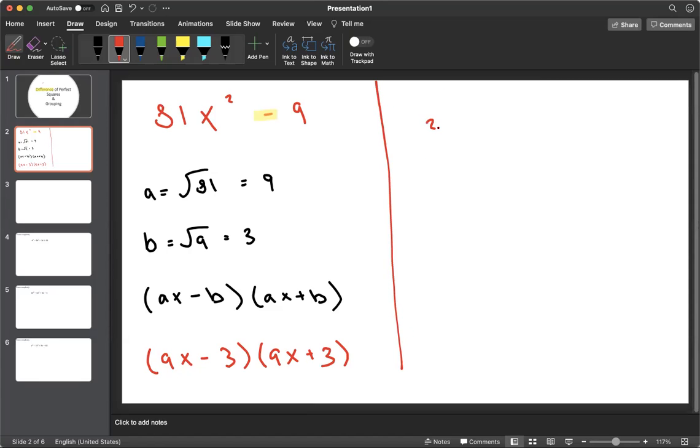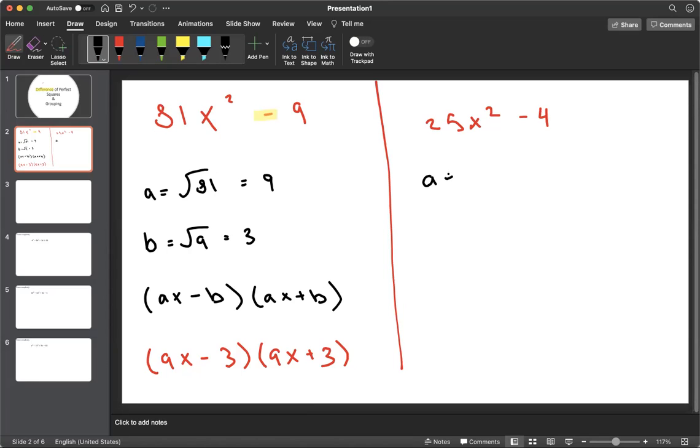Let's try another one. If we had 25x squared minus 4, 25 is a perfect square, 4 is a perfect square, and we do have this minus sign.